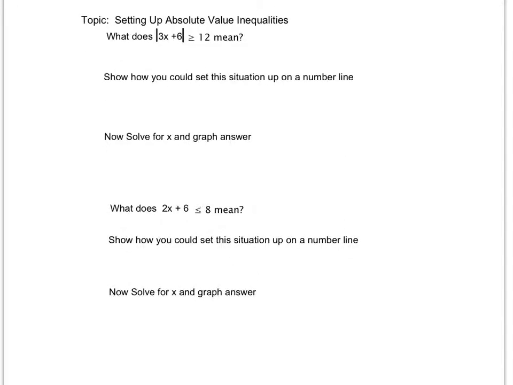So first thing we want to look at is, what does the absolute value of 3x plus 6 greater than or equal to 12 mean? Well, if you remember, absolute values mean distance. This is telling me that this expression, 3x plus 6, is a distance greater than or equal to 12 from 0. Okay, so I'm going to write that in here.